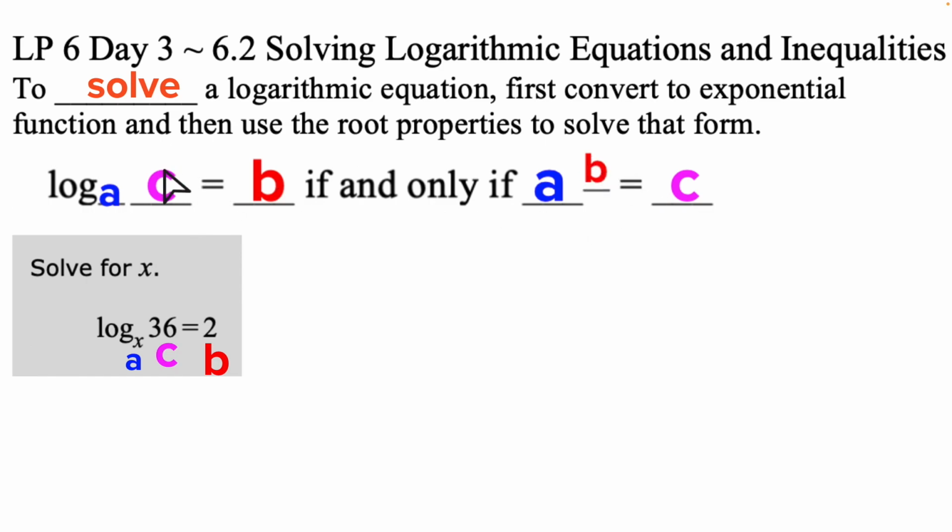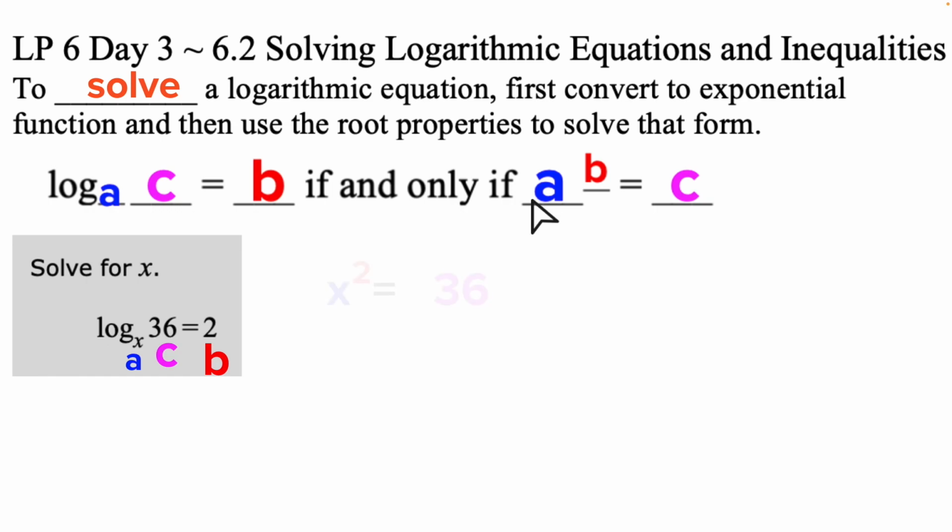And then I have c over here, and that's what my exponential function equals. So once I've applied the exponent to that number, that's what I'll get. If we simply keep that in mind, we can really easily apply it to our equation. So I have a, c, b. I'm going to rewrite it in exponential form.